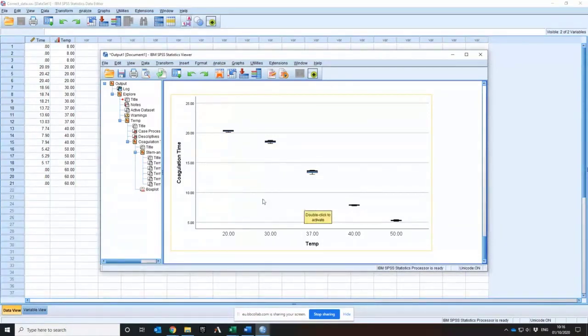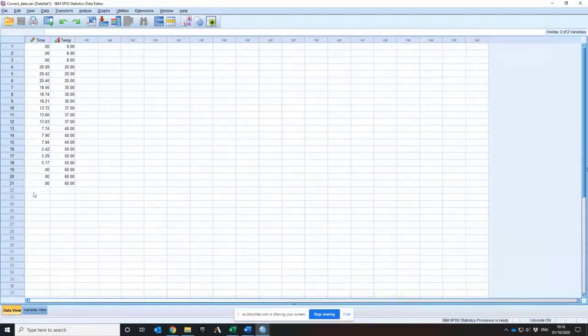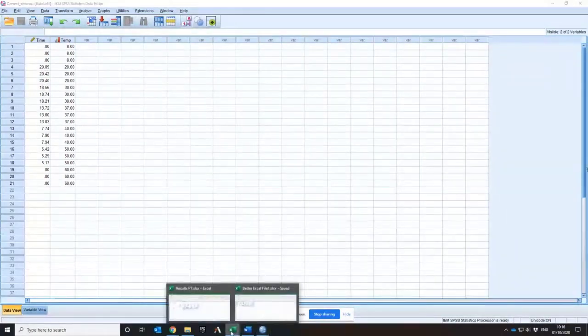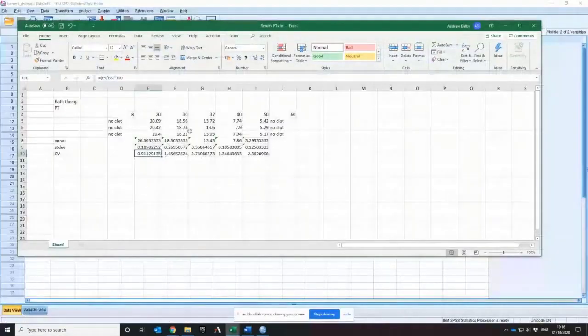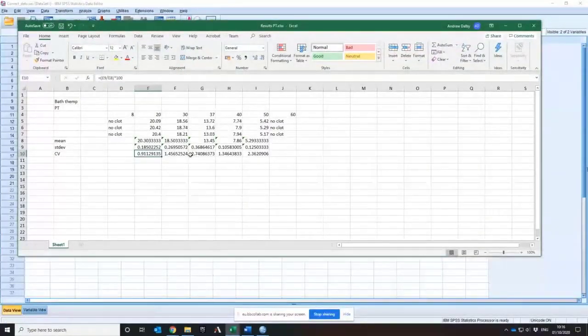That's why you should be using SPSS, because it forces you into putting the data in the right format. So thinking about what your data means. As I said, when you're looking at it to start with, and this data, you have temperature and time for coagulation, but it's not immediately clear what your variables are that you're studying.